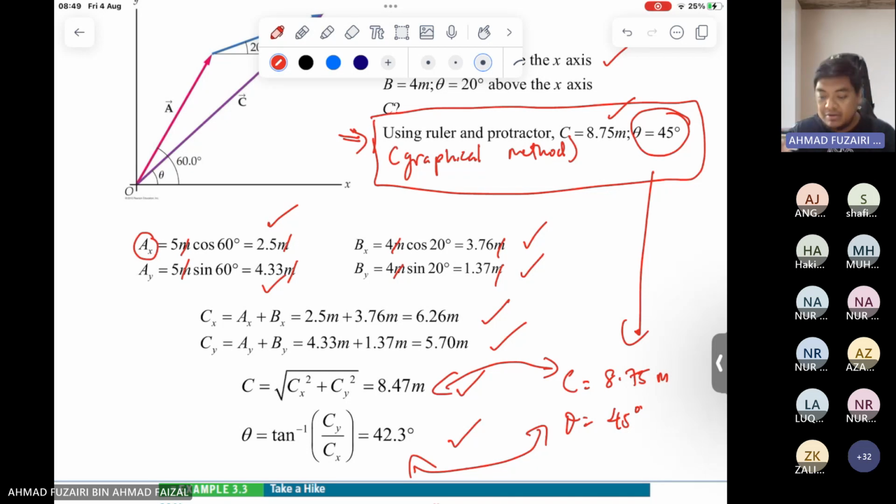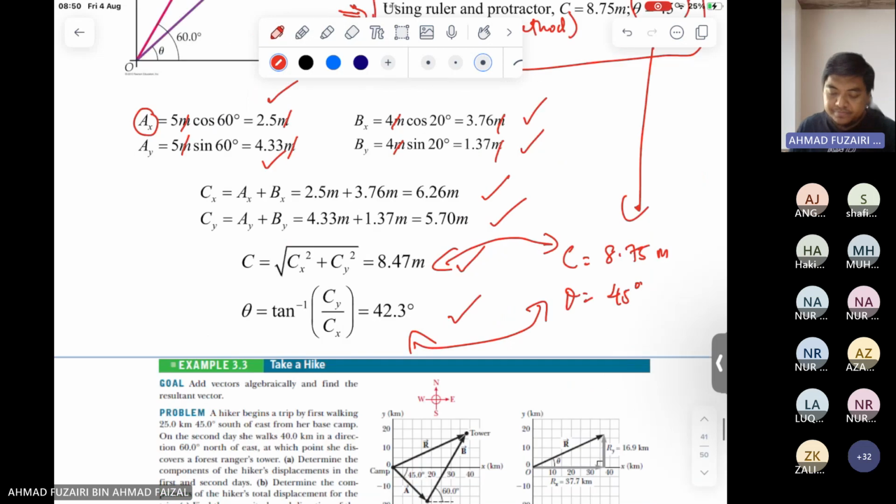Itu kena ingat. Kalau soalan dia minta dalam grafik, kena lukis sendiri. Tak boleh calculate. Ya, ada setengah orang dia dah mention dah in graphical method, tapi dia pergi calculate. Salah. Tidak mengikut arahan soalan. So dia akan hilang markah. Itu kena ingat betul-betul.